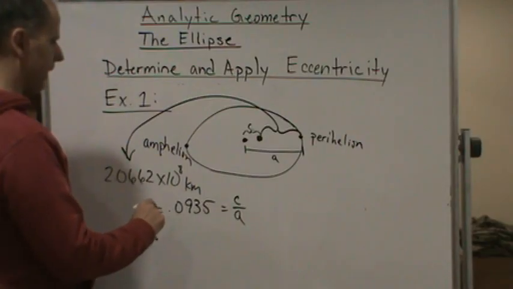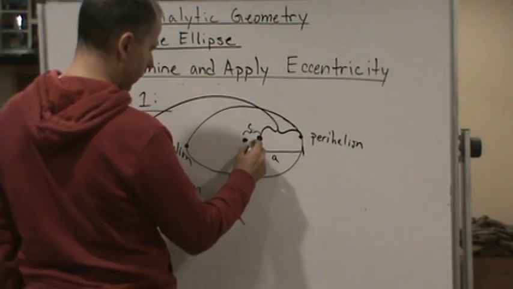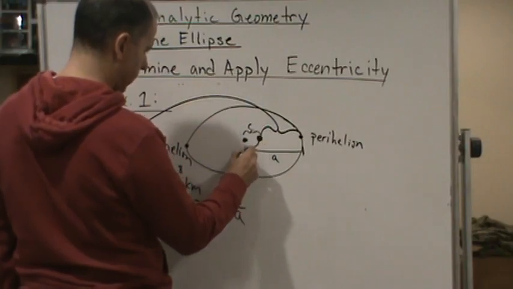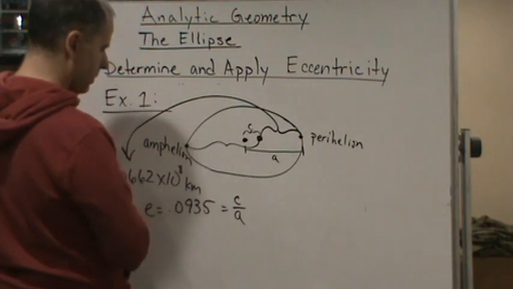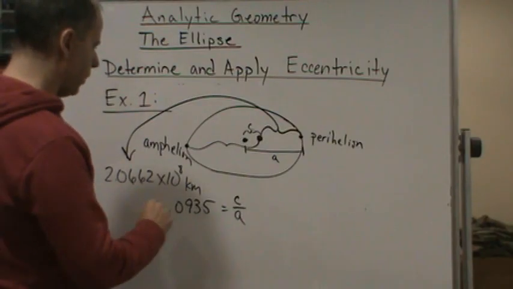So if we wanted to find the distance from the sun, right? So here's, again, the sun. We want to find the distance from here to there, which would be what?